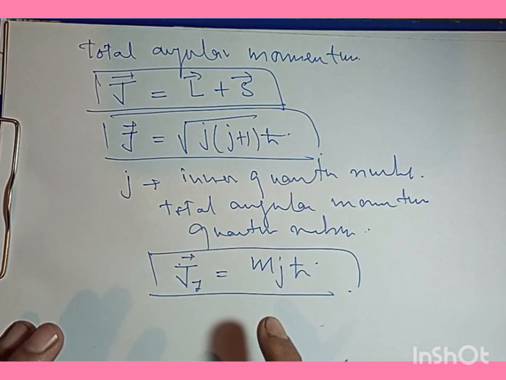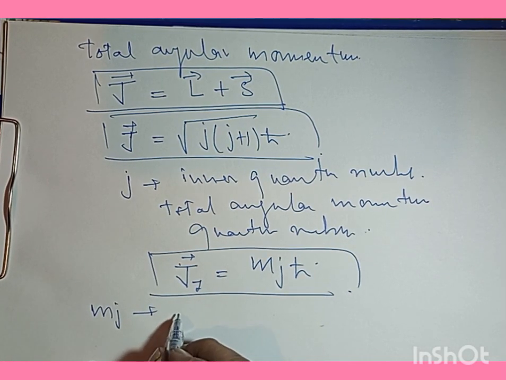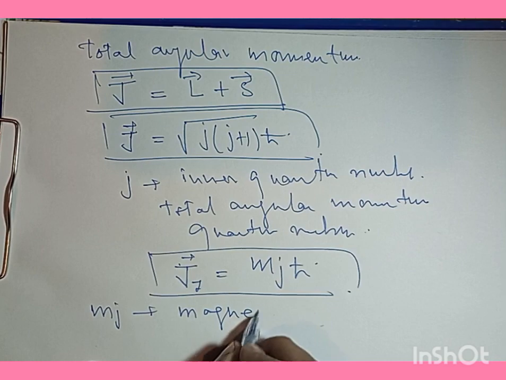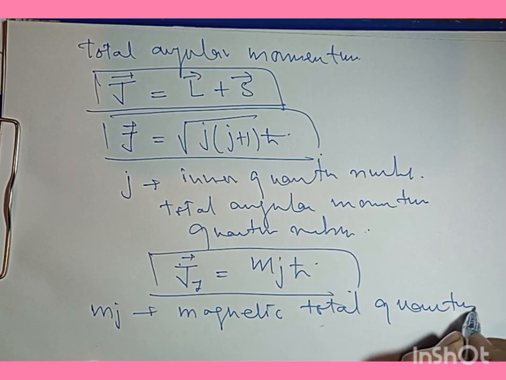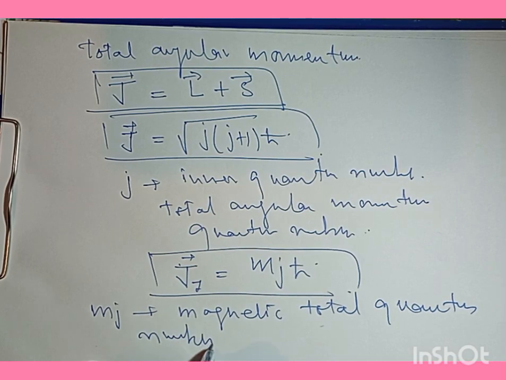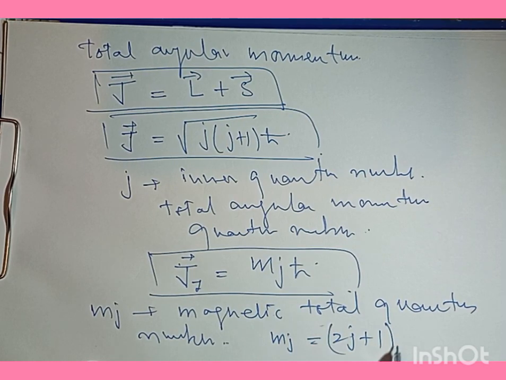Now, what is this mj? This mj is the magnetic total quantum number. And this mj can have 2j plus 1 values, or I should say the values for this mj will range from minus j to plus j.